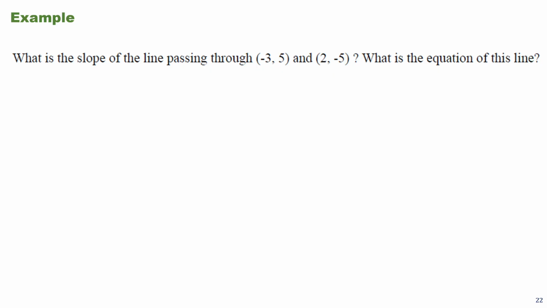Okay, first example: what is the slope of a line passing through these two given points? Can you recall the definition of slope? Okay, I'll write it here for you. Slope m is defined as delta y over delta x, right? You could use either this point as the first point or that point as the first point. Just make sure the order of these points lines up.